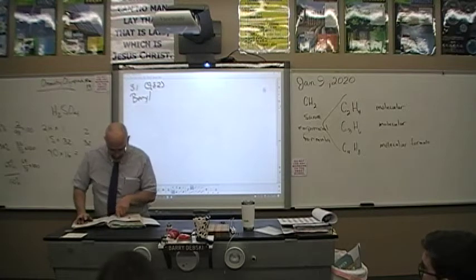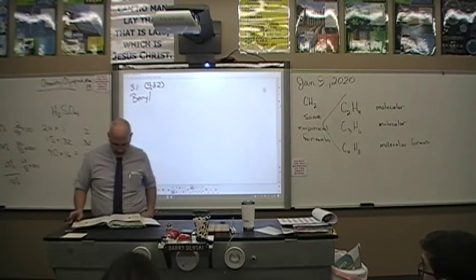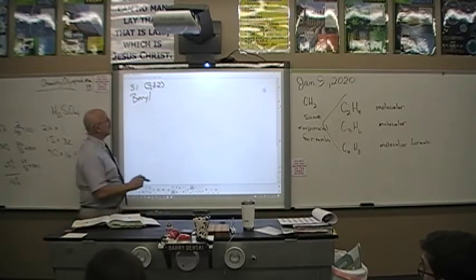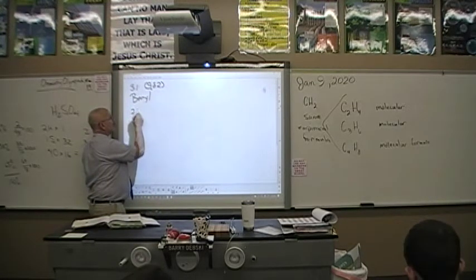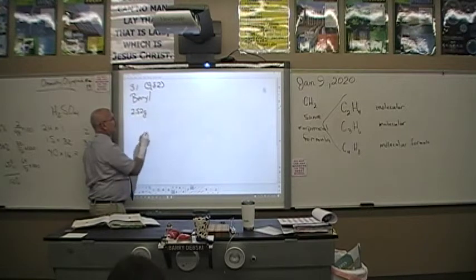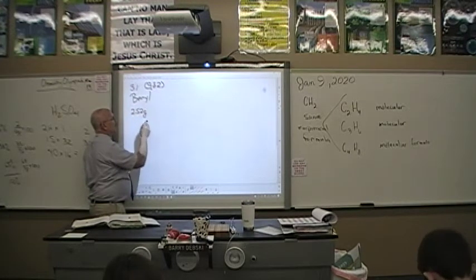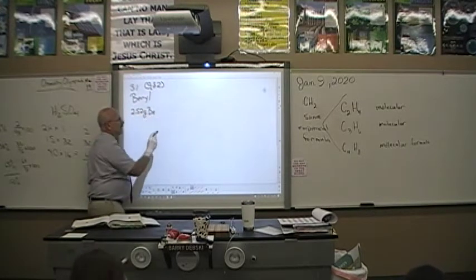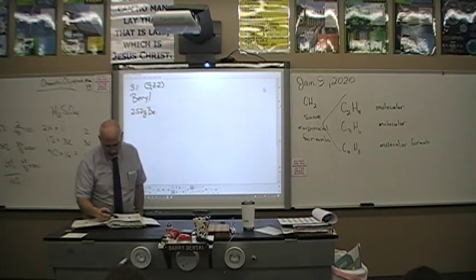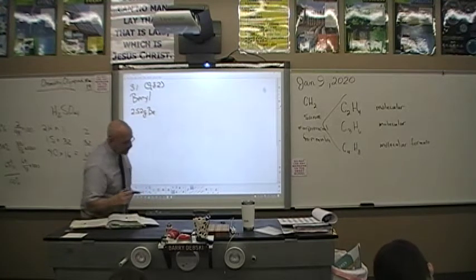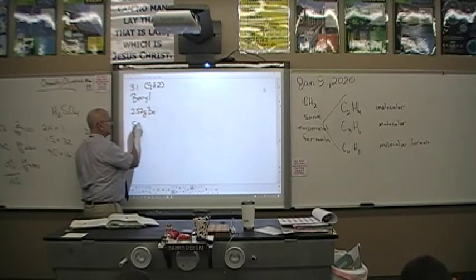Beryl is a hard mineral that occurs in a variety of colors. A 50-gram sample of beryl contains 2.52 grams of beryllium. This one's worded a little bit differently, so be careful here for a second. 2.52 grams of beryllium, Be. It contains 5.01 grams of aluminum.